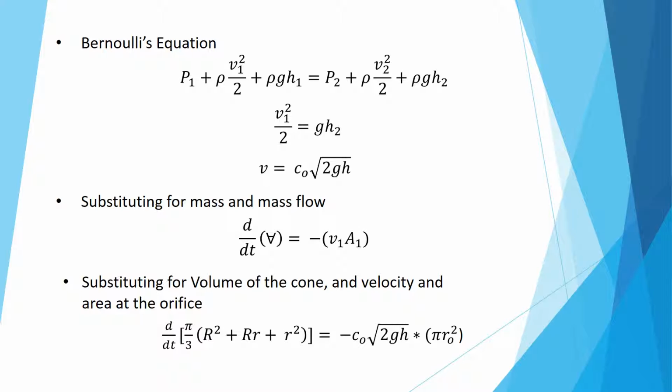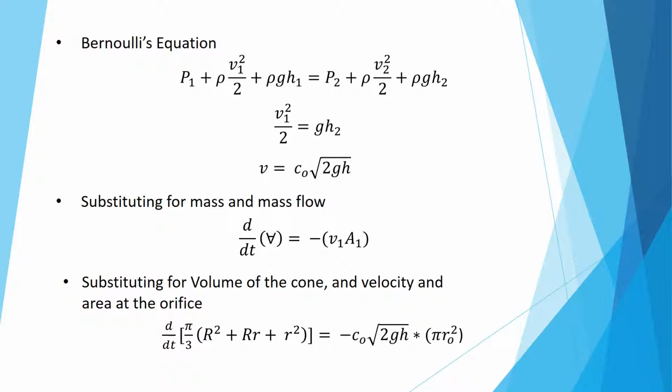The height at the orifice is considered to be 0, so the density times the gravitational constant times h1 cancels out, and the velocity at point 2 approximates to 0 because the velocity at point 1 is much greater than the velocity at point 2. Therefore, the new equation, when solved for the velocity at point 1, becomes the orifice coefficient times the square root of 2 times the gravitational constant times the height.